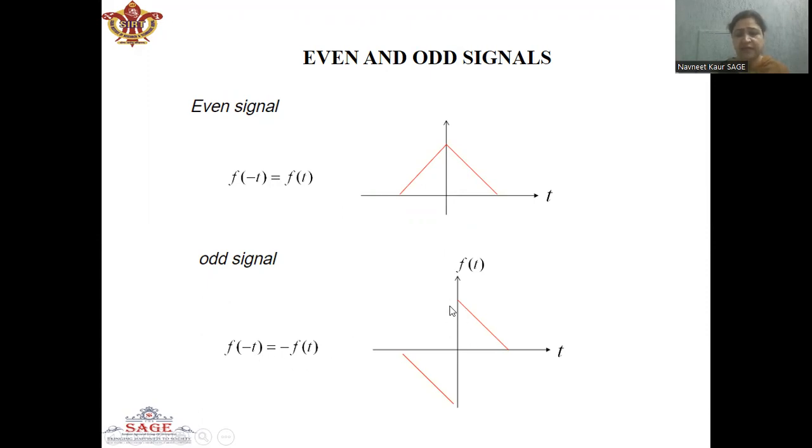That means the amplitude of the signal on the right-hand side of the y-axis is the same in magnitude as that on the left side of the y-axis, but opposite in sign. Here we can see that if the values are positive, the magnitude will be the same, but the sign will be negative.